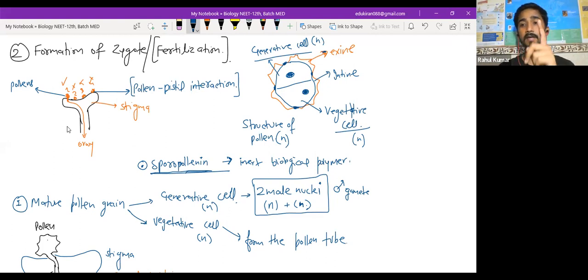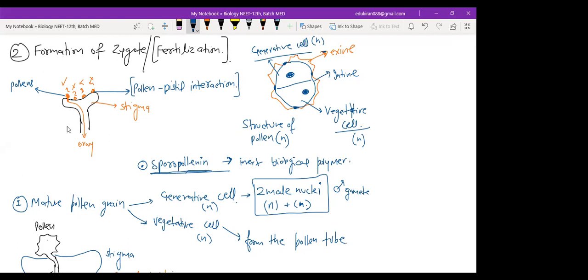Remember from junior classes, what is the definition of a species? A species is a group of organisms which are capable of interbreeding and producing fertile offspring.